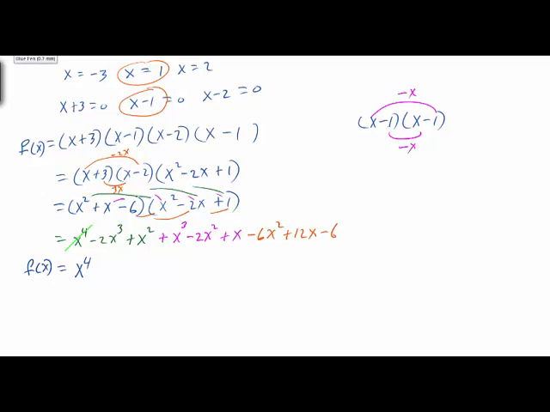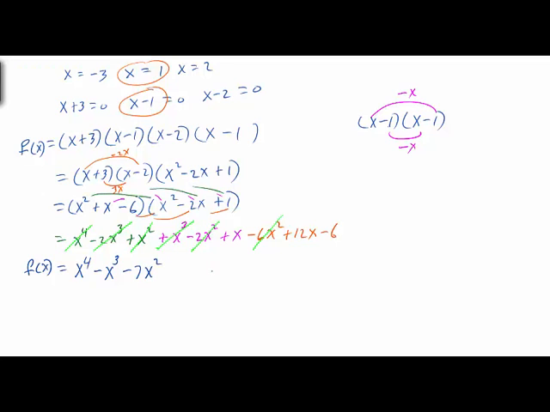Then we look at our x cubed. We have a negative 2x cubed and a positive x cubed, so a negative 2 and a positive 1, that's a negative x cubed. Then we go to our x squared. We have 1x squared and a negative 2x squared, so that's a negative x squared, and a negative x squared and a negative 6x squared would give us negative 7x squared.